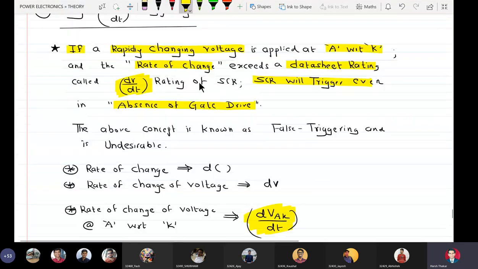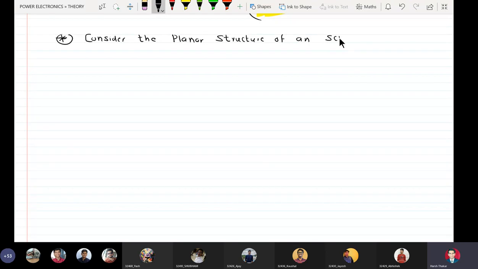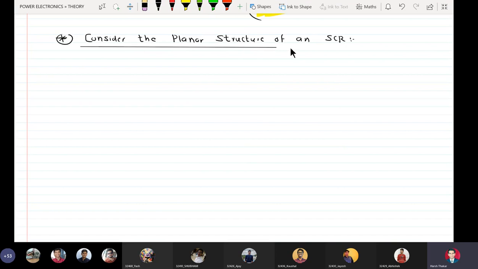Okay. Now see what we have to do. In order to justify a statement, consider the planar structure of an SCR as we drew before.